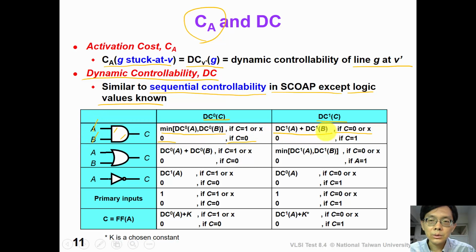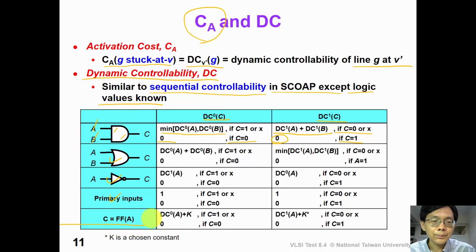So the DC1 of C is equal to DC1 of A plus DC1 of B. However, if C is already 1, then dynamic controllability 1 of C is equal to 0. Similar things can be analyzed for OR gate and the inverter and the primary input.